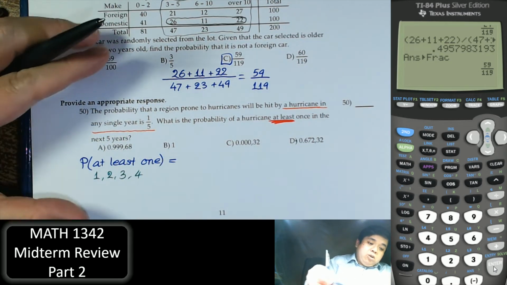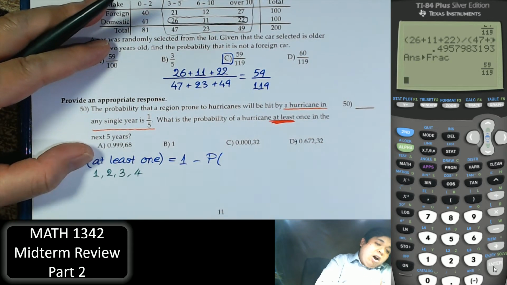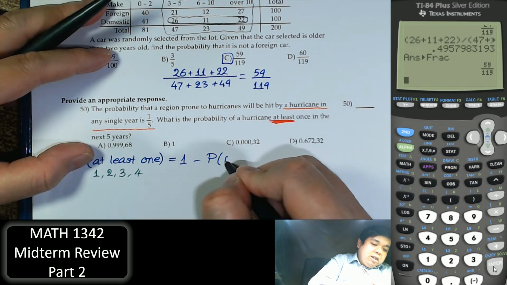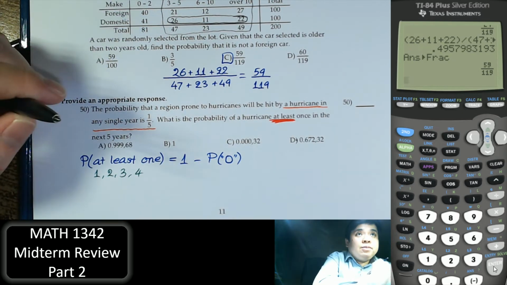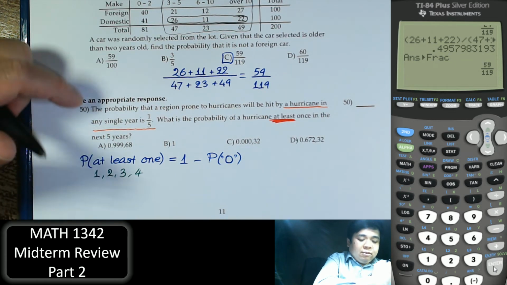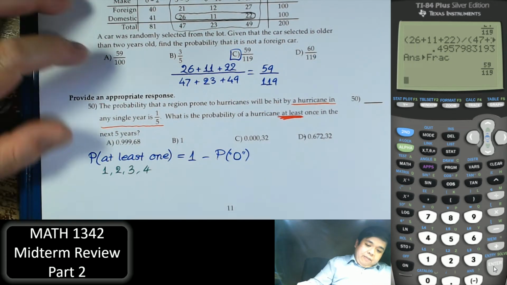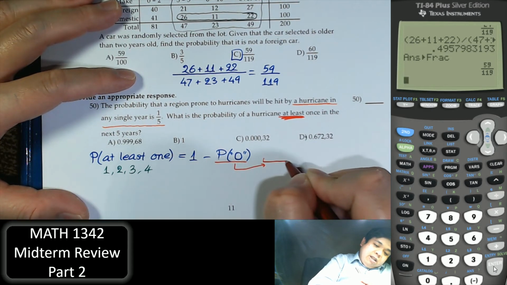The complement to that is not at least 1, meaning there's going to be 0 hurricanes. And this is how we calculate it. There are 5 years.